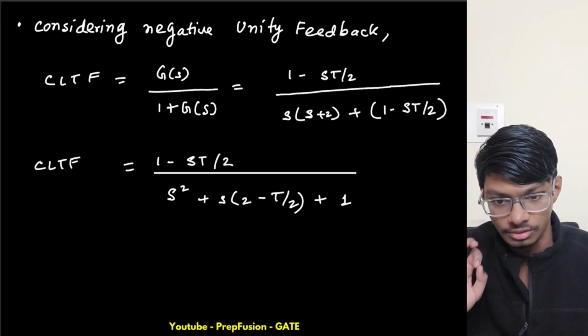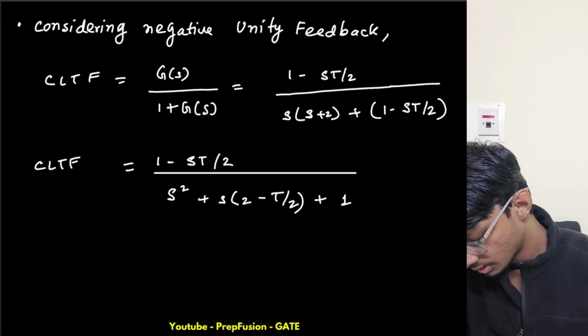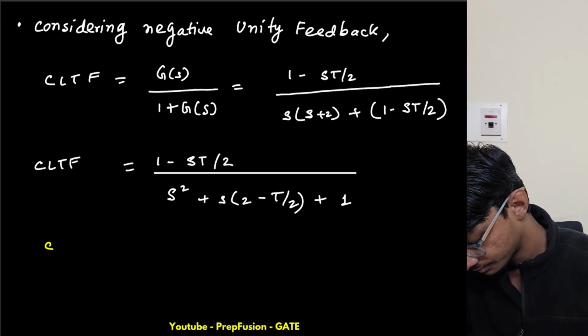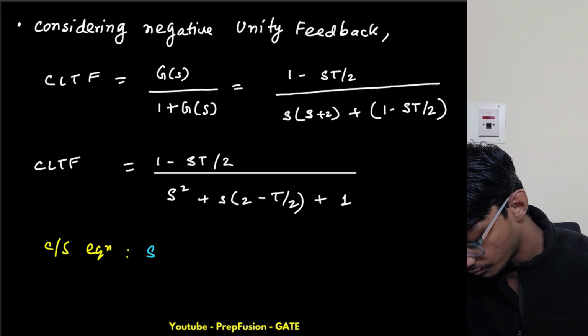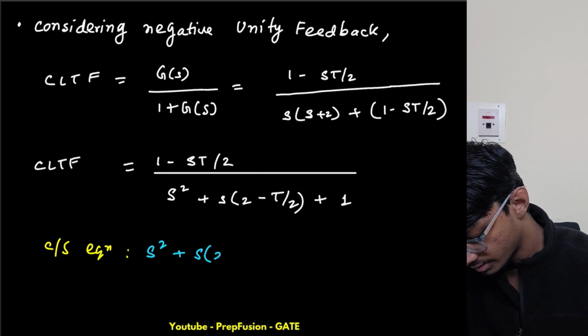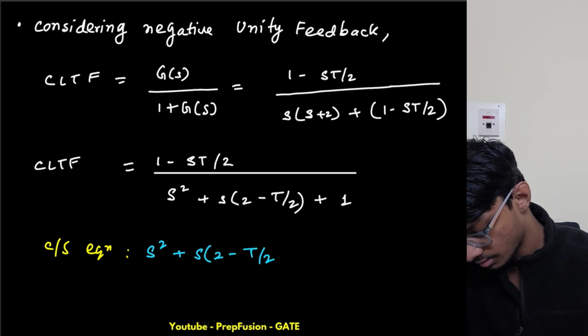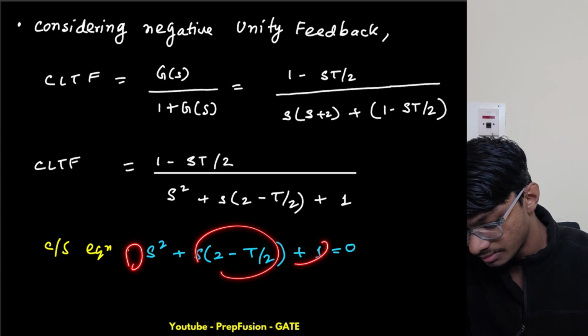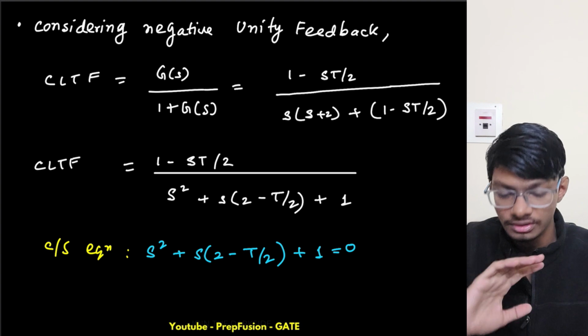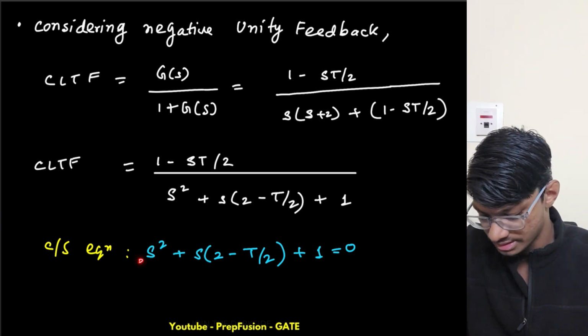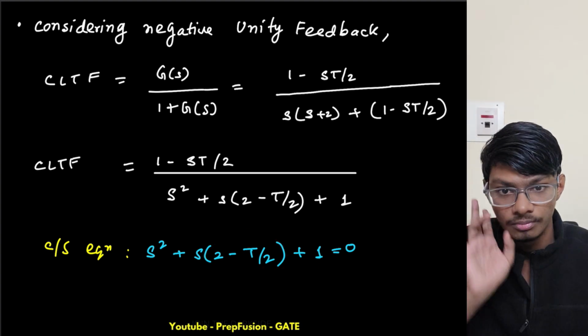This is a second order polynomial, so just by seeing the coefficients I can tell which condition will make the system stable. All the coefficients must be non-zero and of the same sign. As this is positive, this has to be positive.